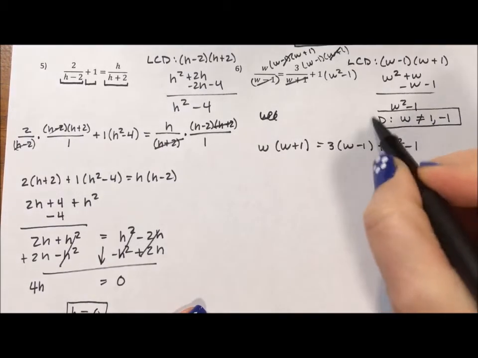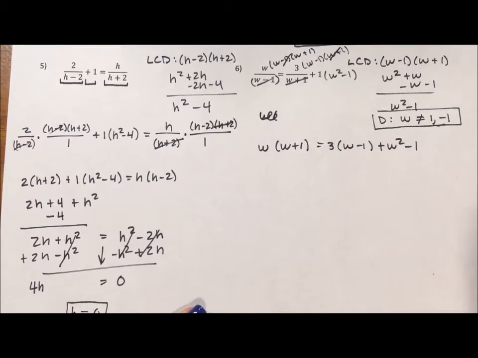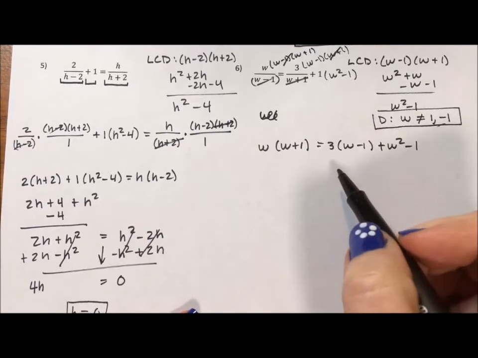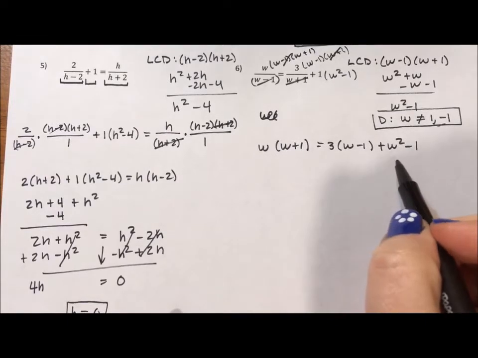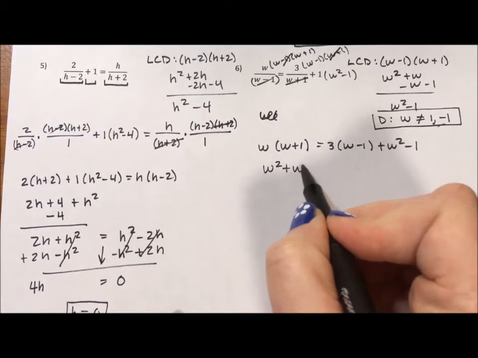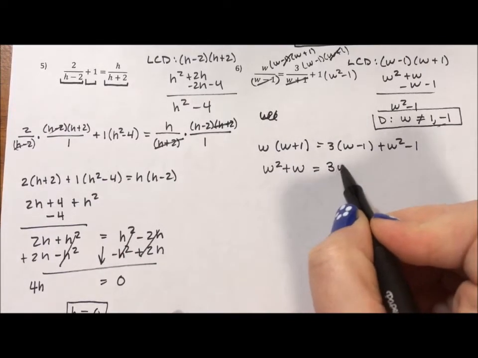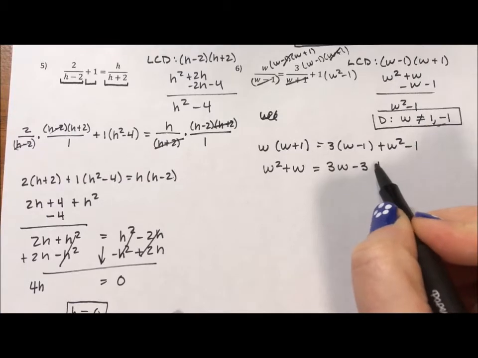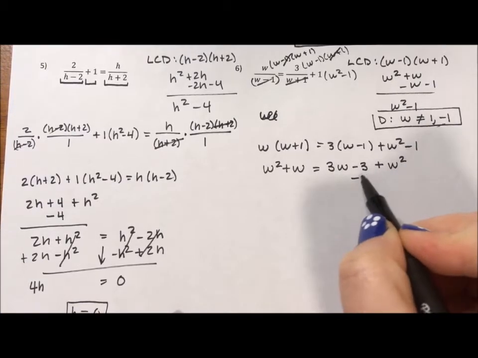I just saw that again. So if I get either of these answers, I know I have a problem. Okay, back to the nicer looking equation without any fractions. Distribute. W squared plus w equals 3w minus 3 plus w squared minus 1.